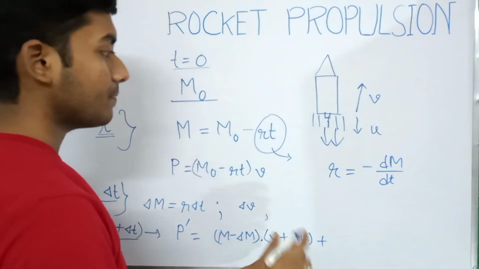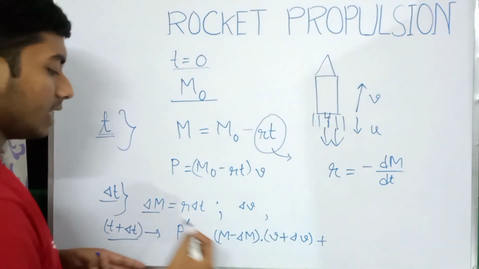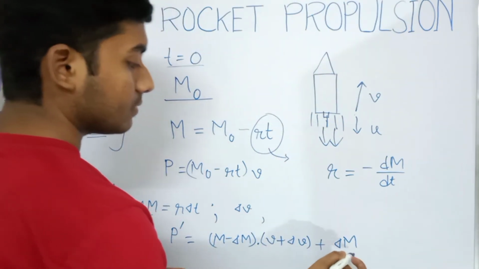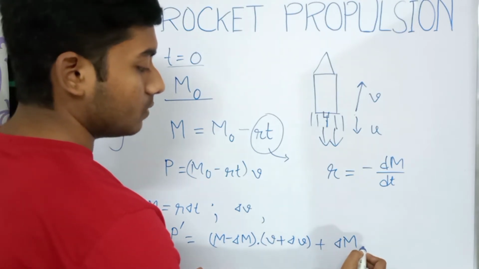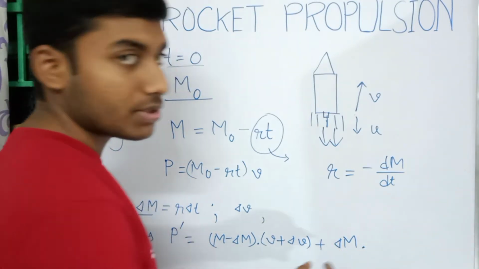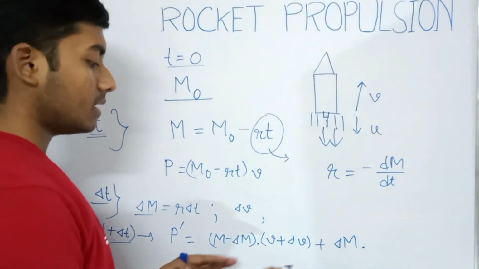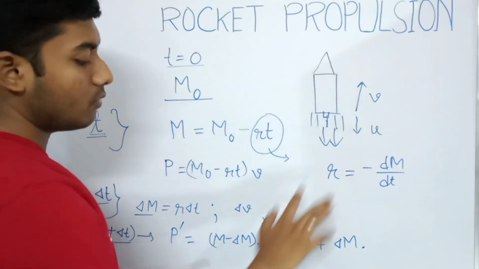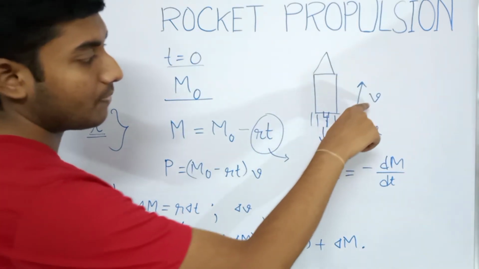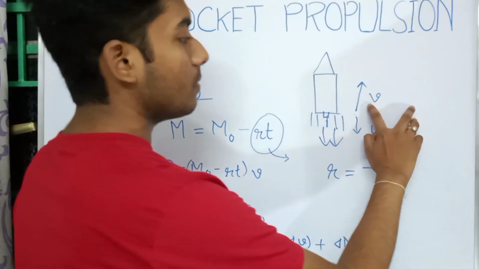So what will be that? The mass of the ejecting gas will be del m, into the velocity of the ejecting gas. But we have considered the velocity of the rocket v with respect to the ground.